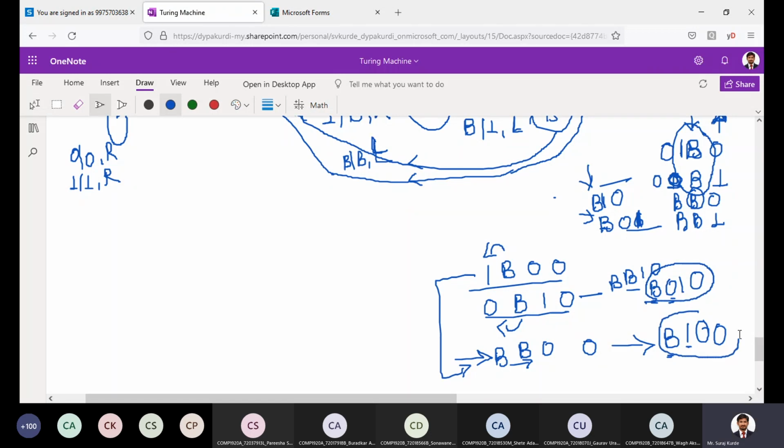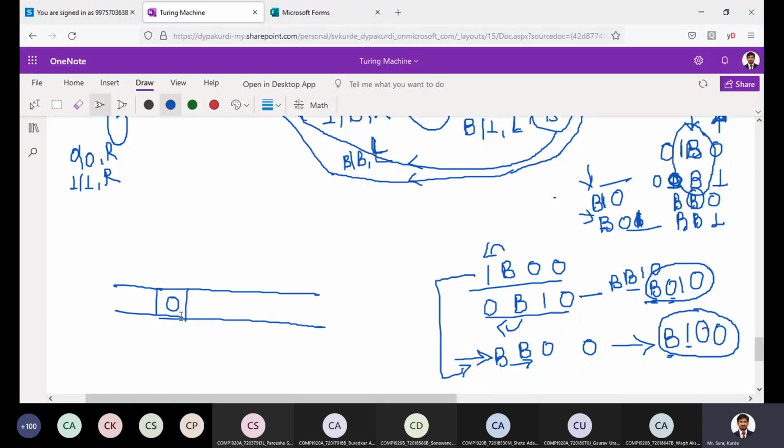This is the tape, current tape value B010 or B100. Is there any symbol on the left of capital B? No symbol. But what we have considered is a tape where this is the first input, right?